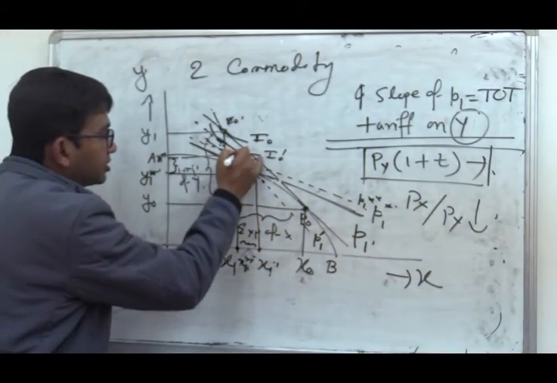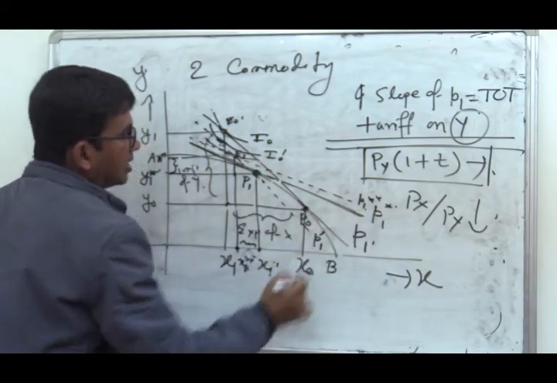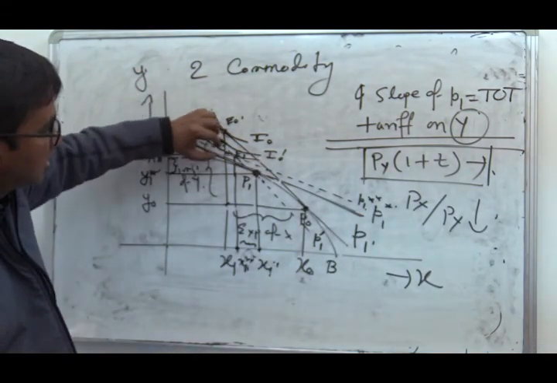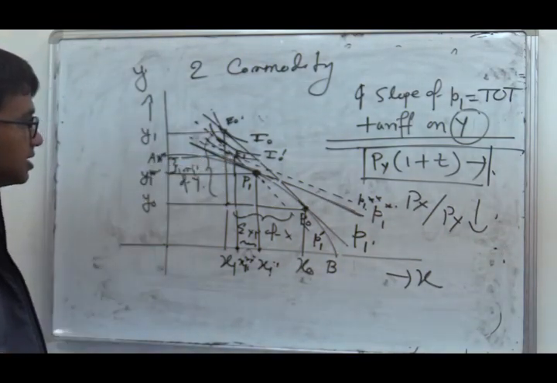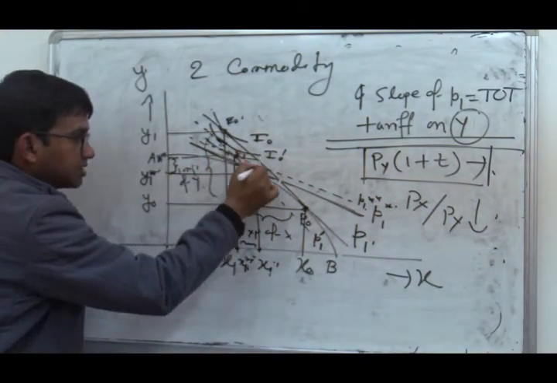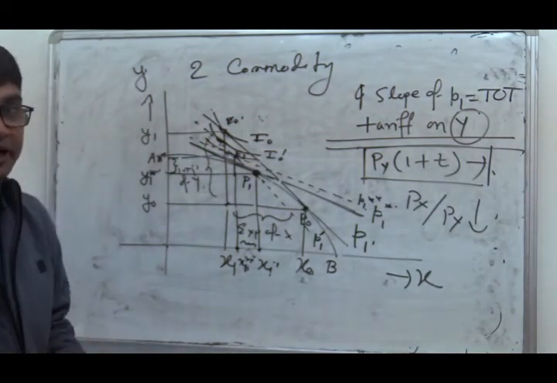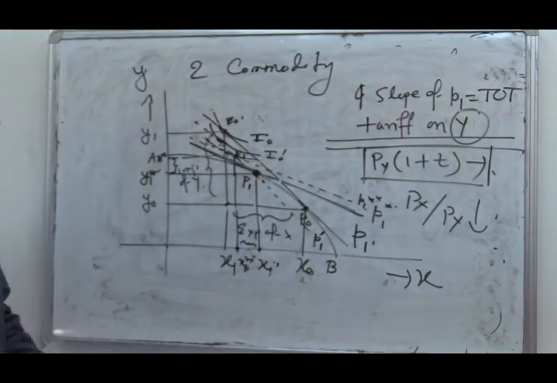And E1 is on the higher line, that means E1 is the value of domestic production at market prices. So the difference between market prices and factor cost indicates the tariff revenue of the government.